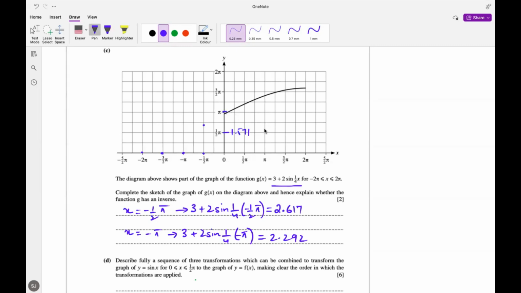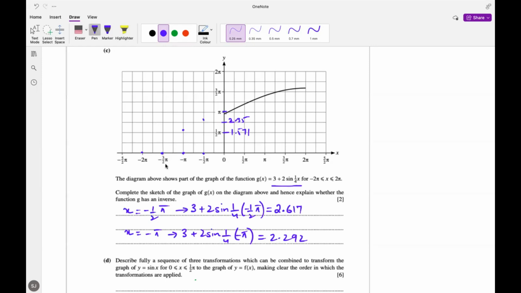This value is pi, which is 3.142. So let's say this is 3.142 plus 1.571 divided by 2. This center point is 2.35. So 2.292 will be below 2.35, so this point will be up here. And at minus 1 upon 2 pi, we got 2.6, so it will be a bit above 2.35.